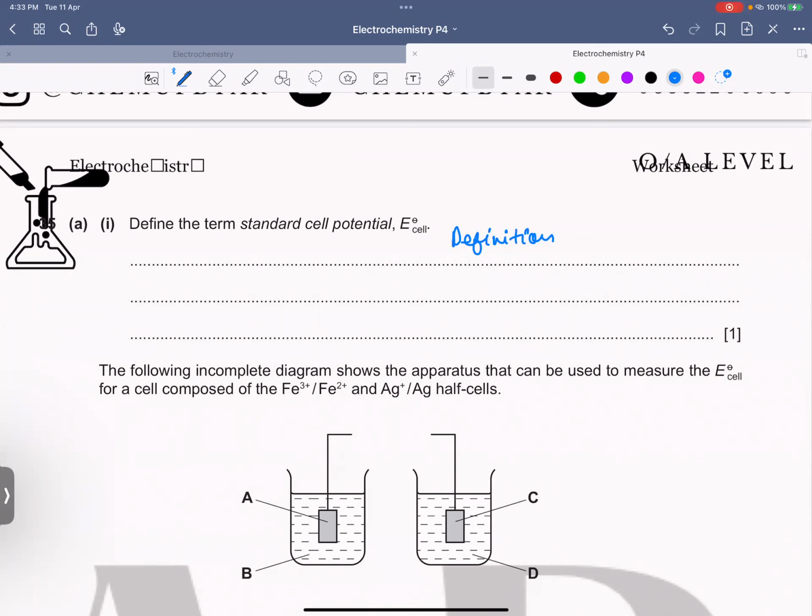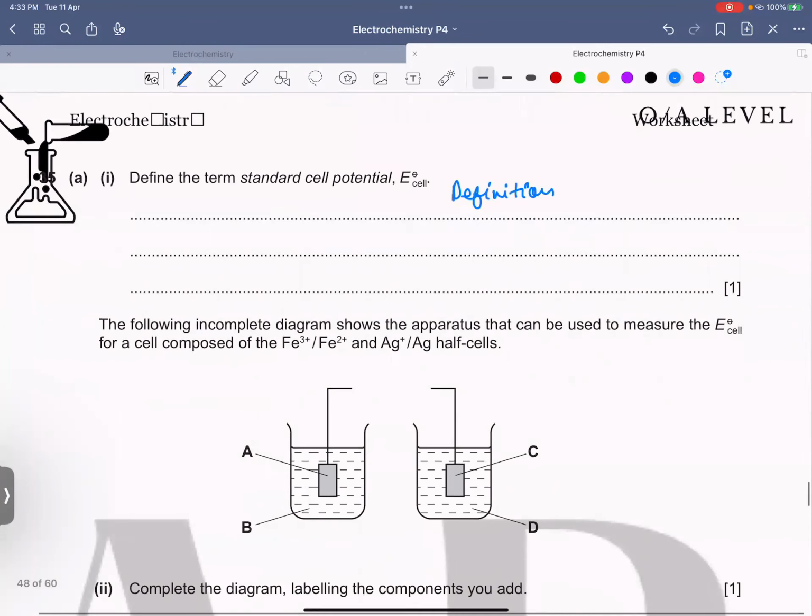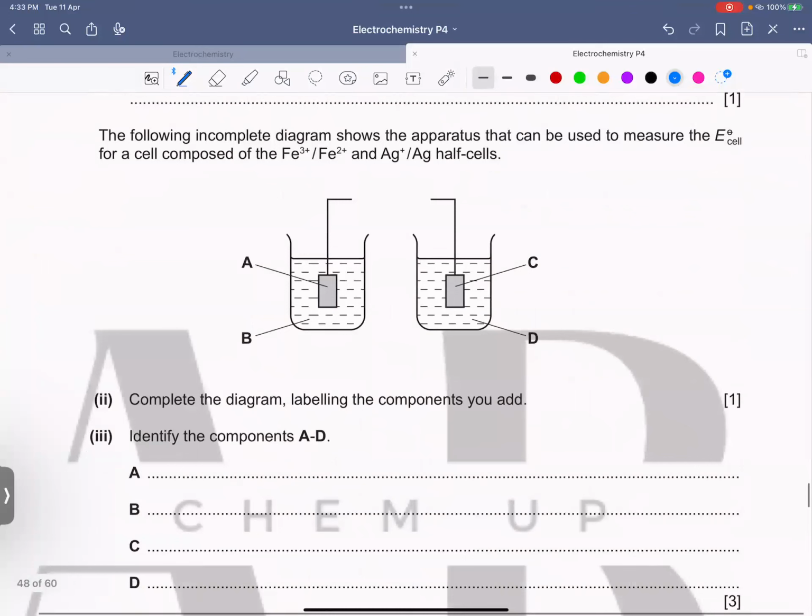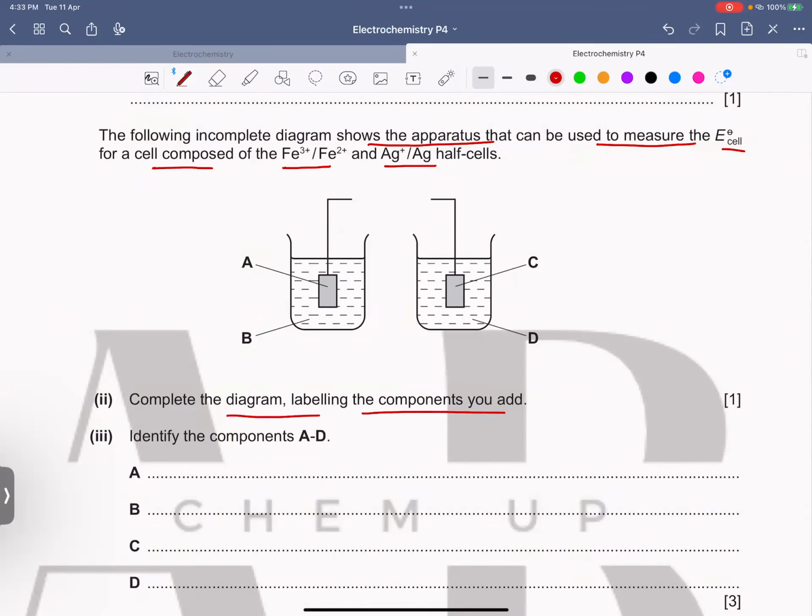Now here, the following incomplete diagram shows the apparatus that can be used to measure the E0 cell for the cell composed of Fe3+, Fe2+, and Ag+, Ag half cells. Complete the diagram, labeling the components you added. What can we add to it?